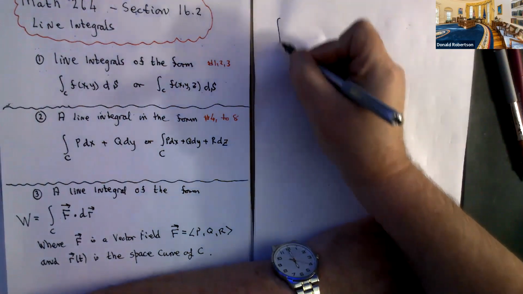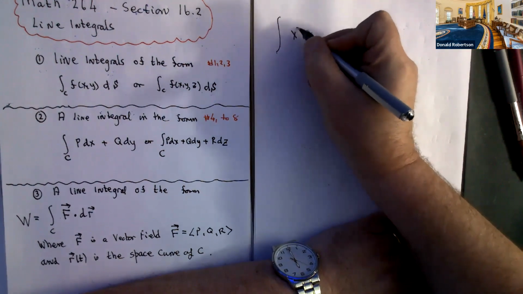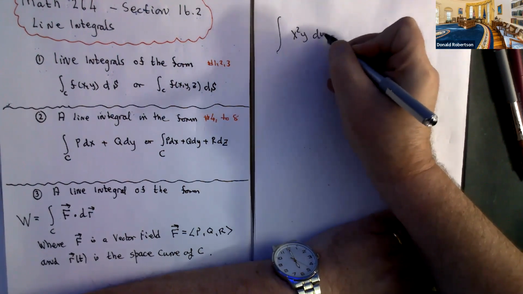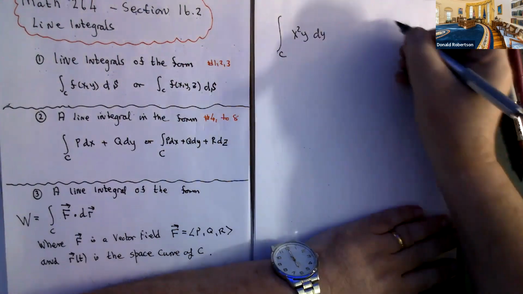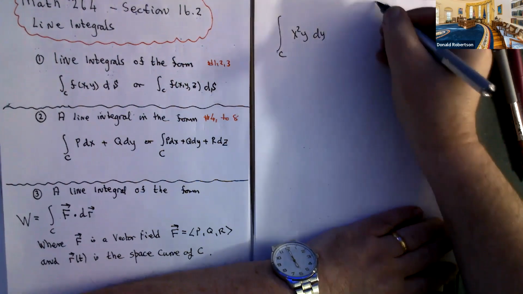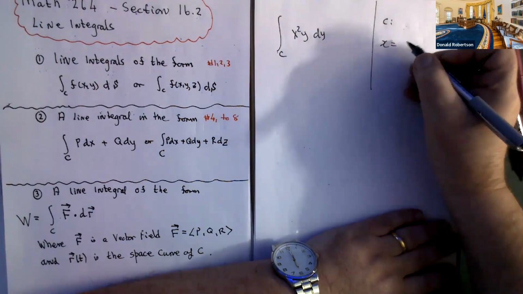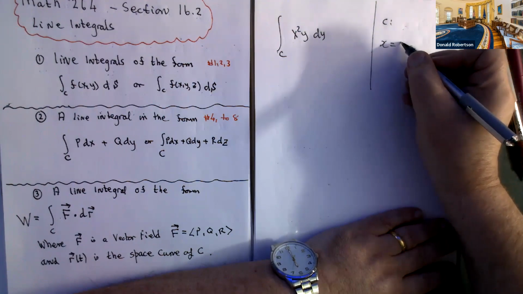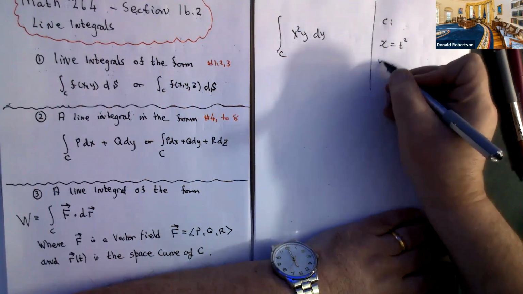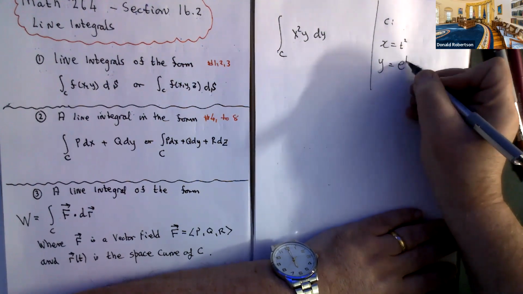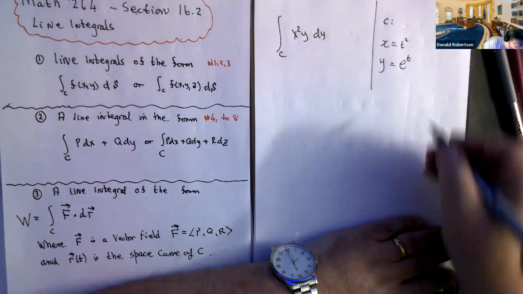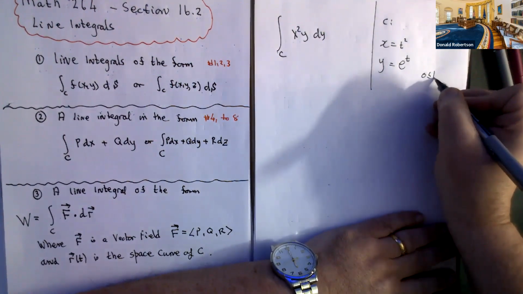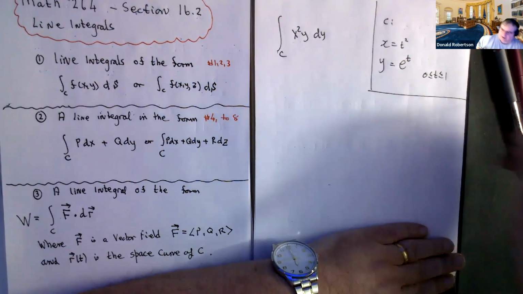Suppose I gave you this integral. And the curve C was described as x equals, I don't know, t squared, and y was e to the t. And t goes from, because I have no imagination, 0 to 1, right?